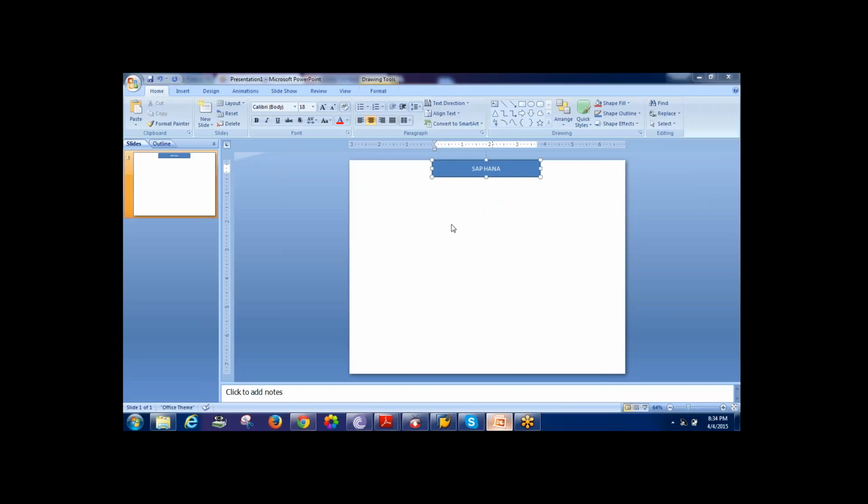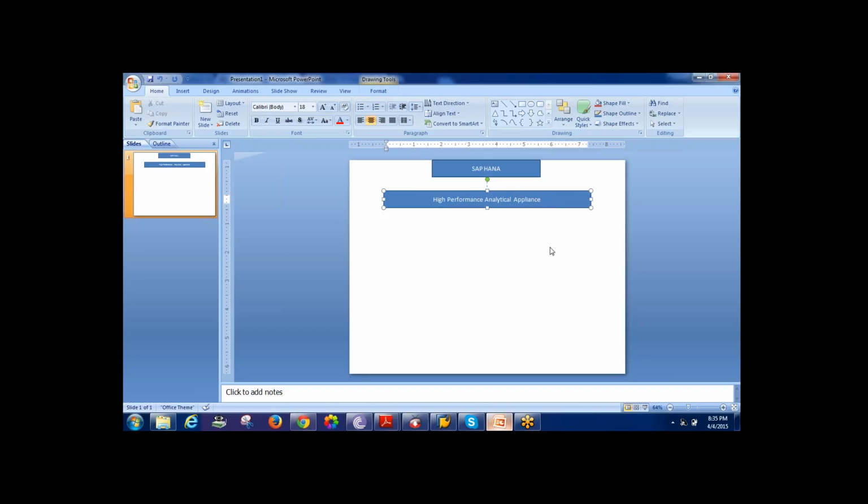Okay. So what is this SAP HANA system? The abbreviation of SAP HANA is High Performance Analytical Appliance.